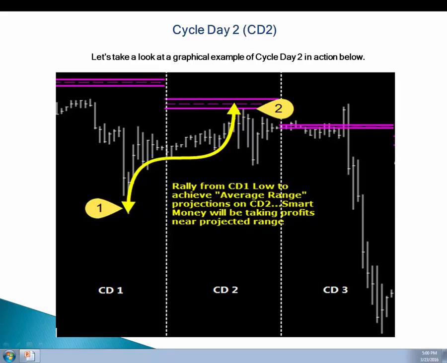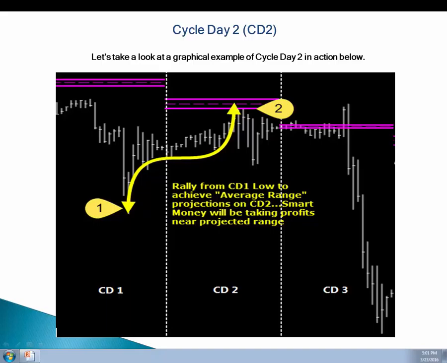opposite to what we just discussed on cycle day 1, longs can be considered. If there's a pullback in price on cycle day 2 that does not violate the cycle day 1 low, meaning there's a secure low, open longs can be considered. So buying that pullback within the context of the cycle high or projection not having been reached yet.